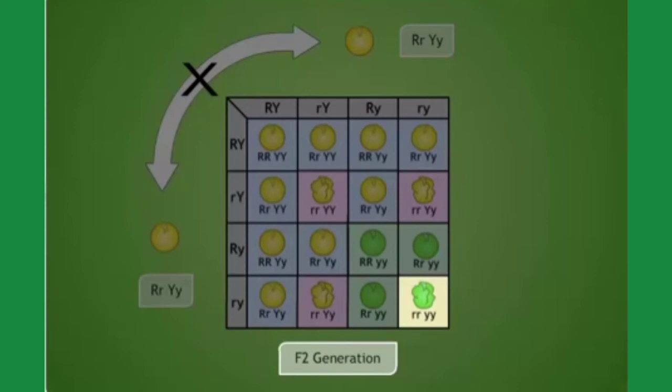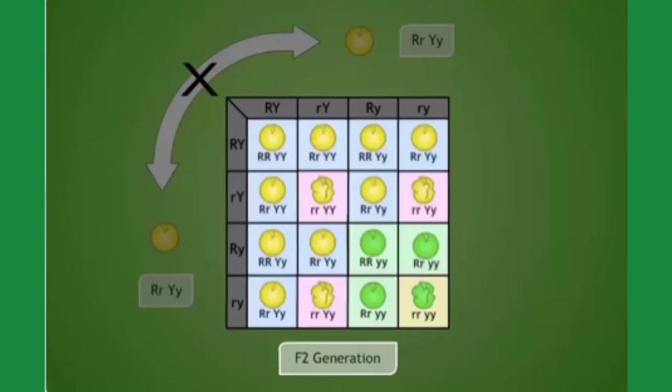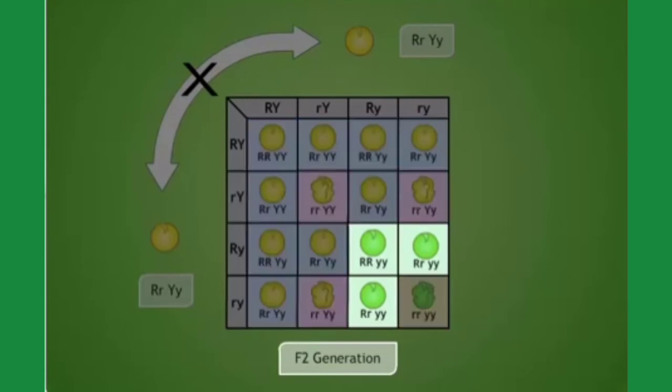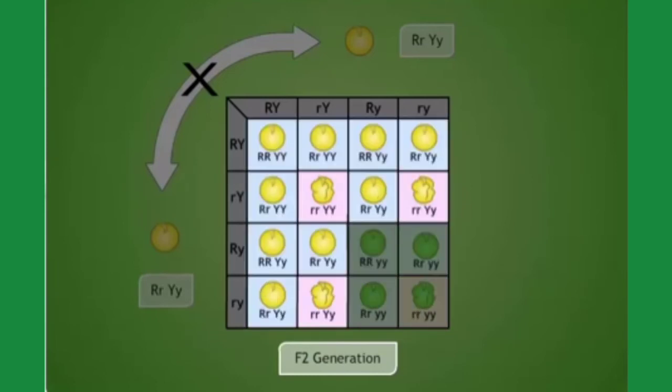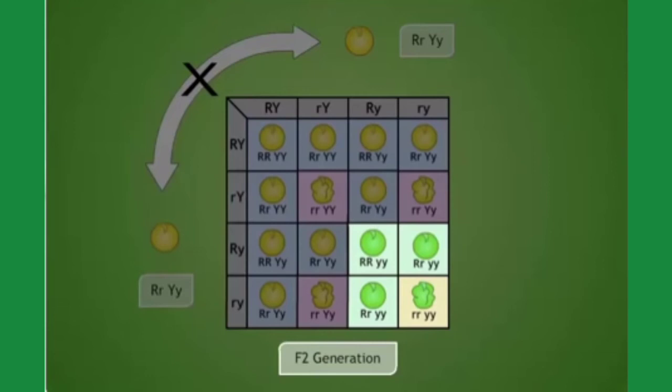However, some plants of the F2 progeny even showed new combinations like round green and wrinkled yellow seeds. Therefore, it can be safely concluded that the round or wrinkled trait and the yellow or green color traits are independently inherited.